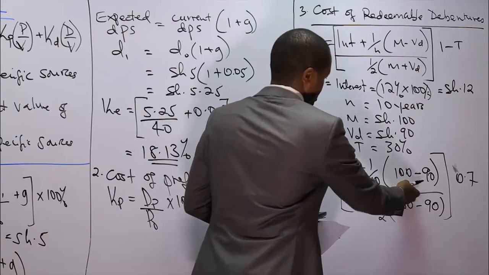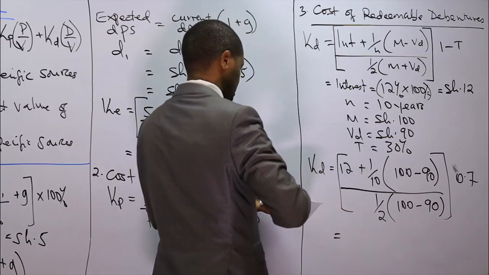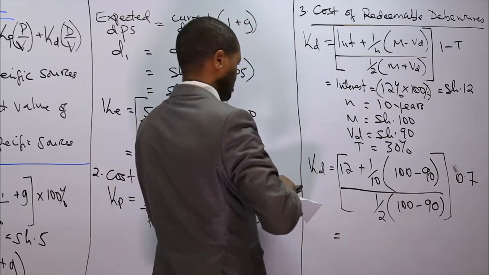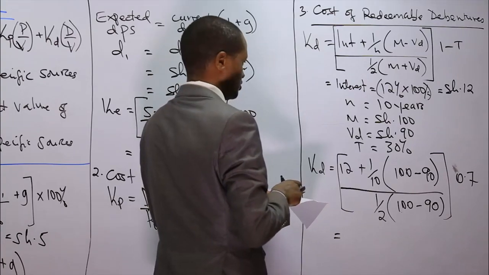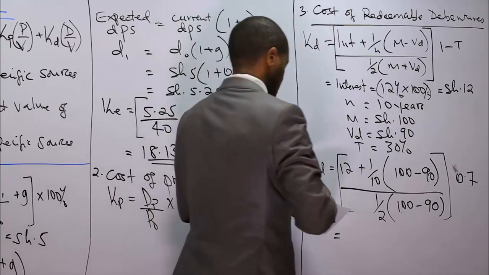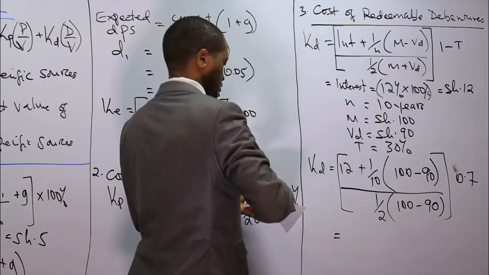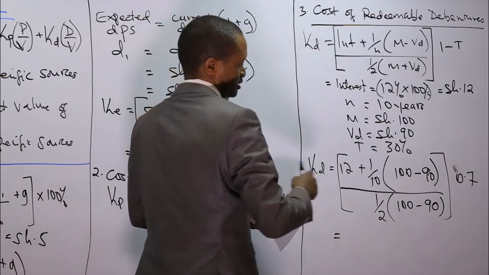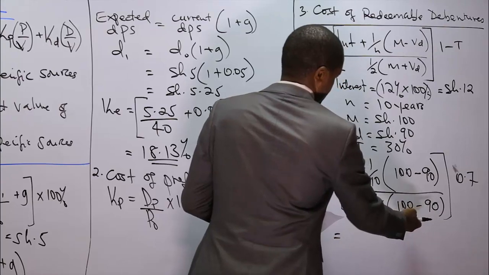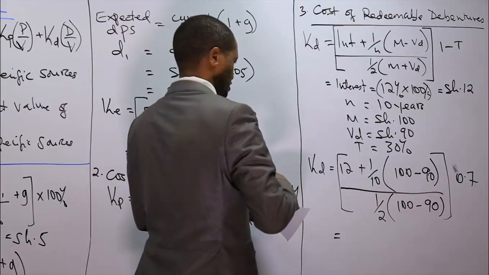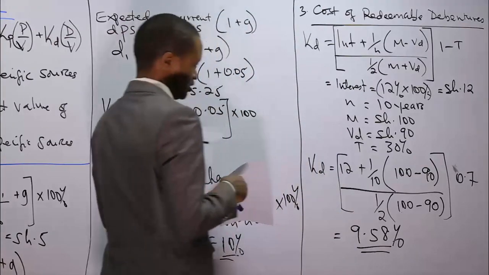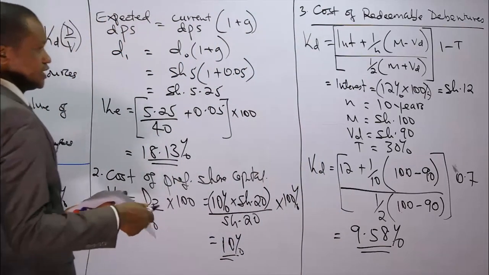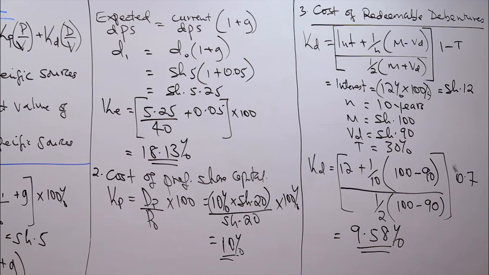Plus 12 is equal to 13. We divide 13, and 13 is the cost of debt. The cost of debt. So that is the first step.